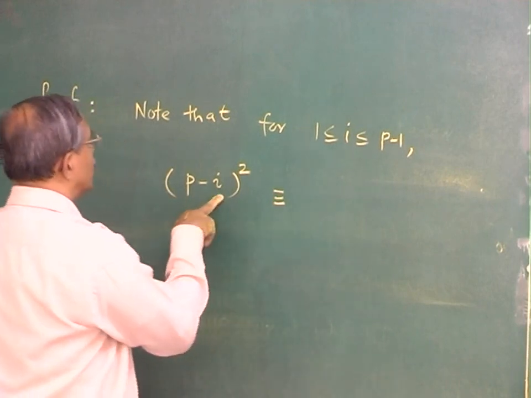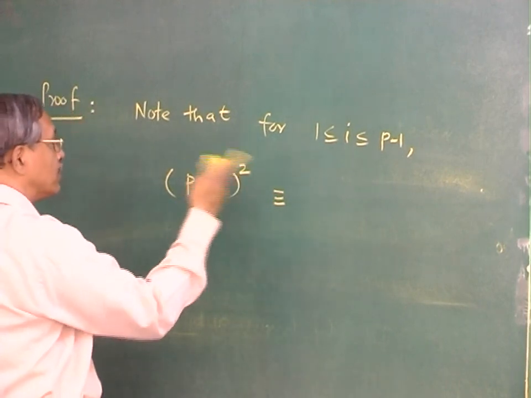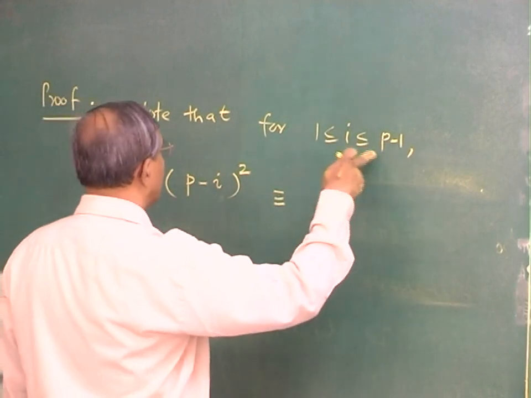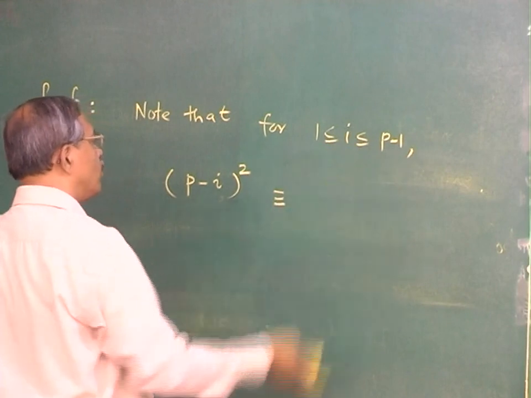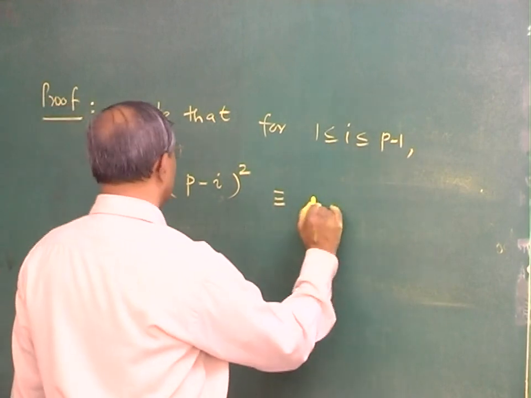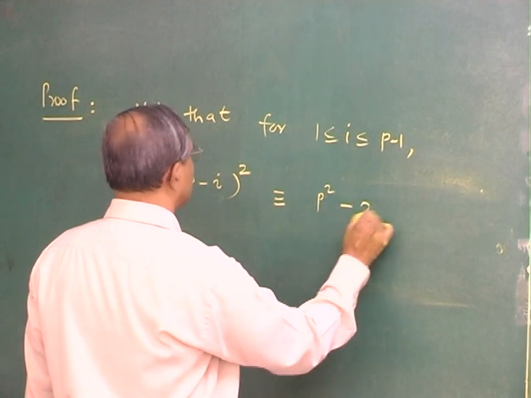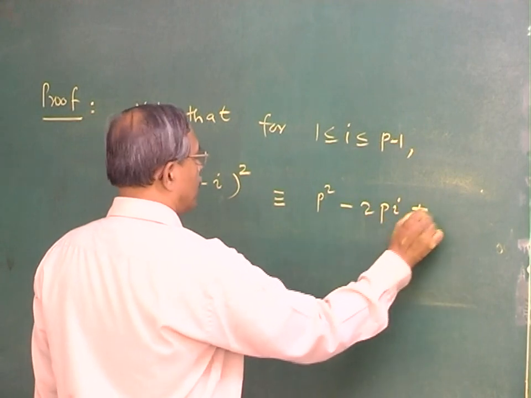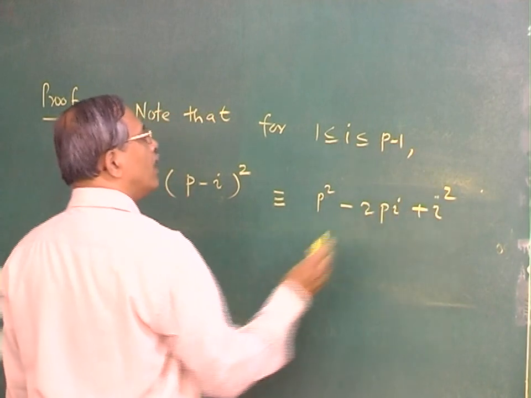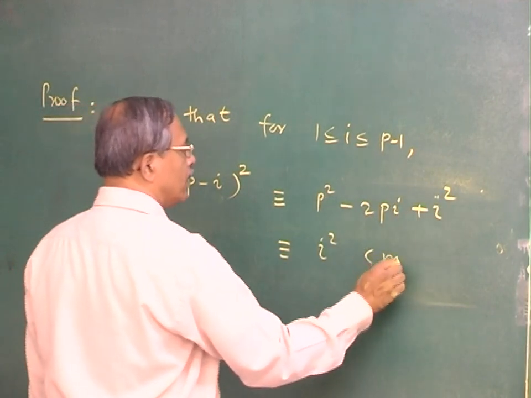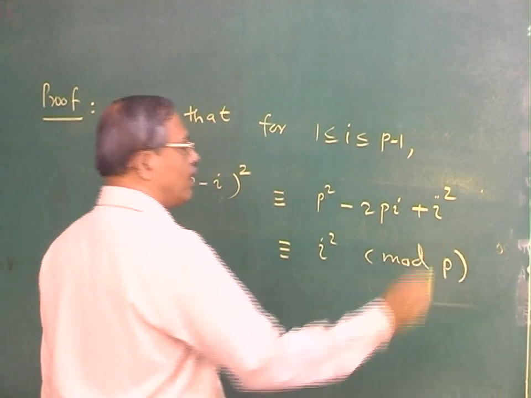So p minus 1 square is going to be 1 square. And p minus i square is p square minus 2pi plus i square, that is congruent to i square mod p.